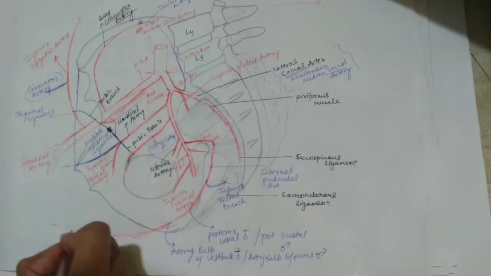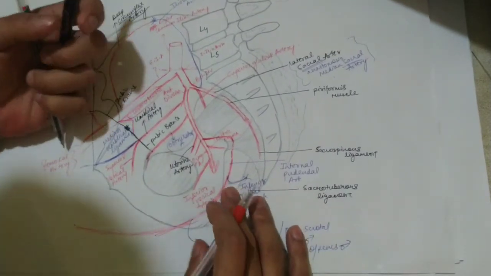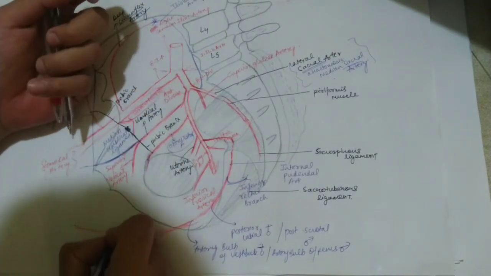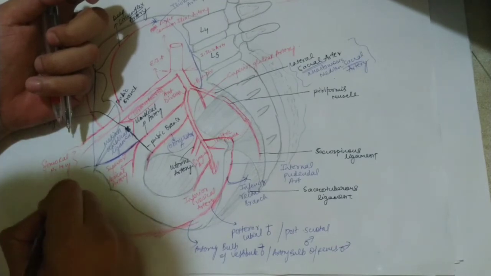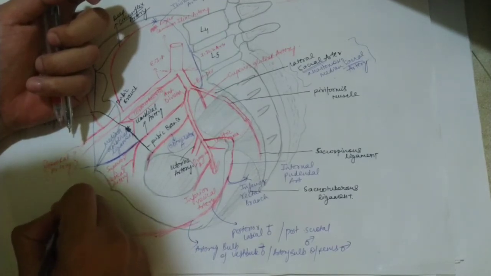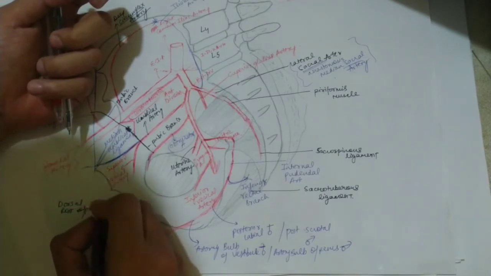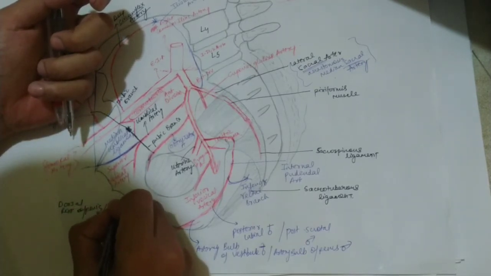It has a branch called the dorsal artery of the penis, going forward toward the root of the penis, and in females the dorsal artery of the clitoris.